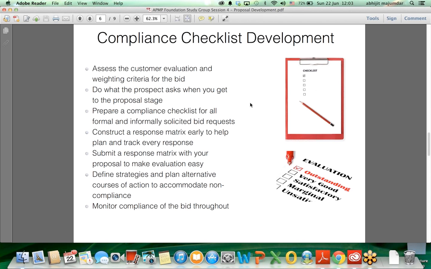Prepare a compliance checklist for all formal and informal bid requests. Typically, in formal bid requests, you will get the compliance checklist with the bid. The bid will say that the contractor should have a minimum financial turnover for the last 3 years, or should be ISO 9000 or CMMI level 5 certified, or should have a minimum of 50 resources within the demographic area of the customer.